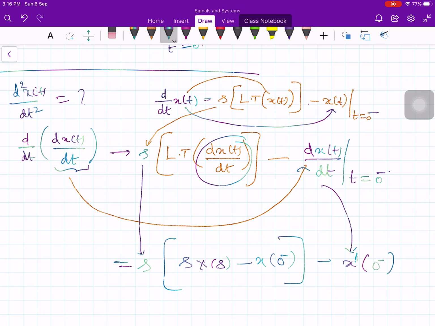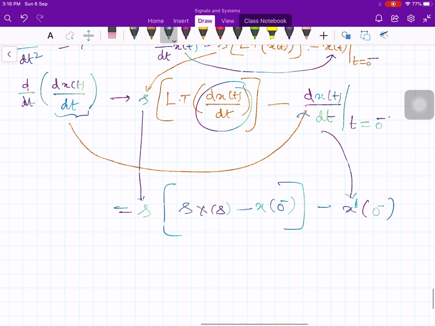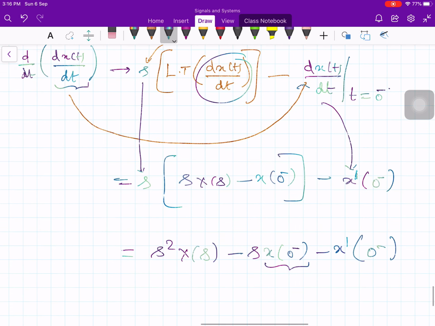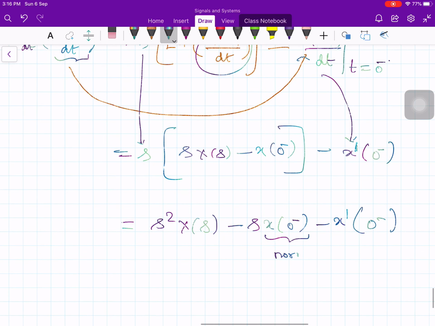Now you multiply this s inside: s squared times x of s minus s times x of 0 minus, minus the derivative of x of t evaluated at 0 minus. This is the normal x of t, and this one is the derivative. That is the difference.